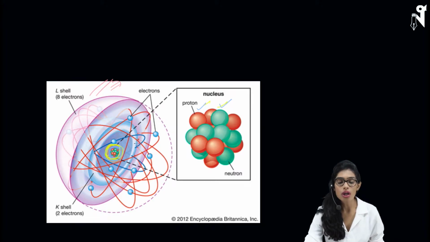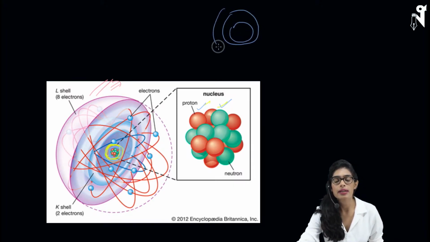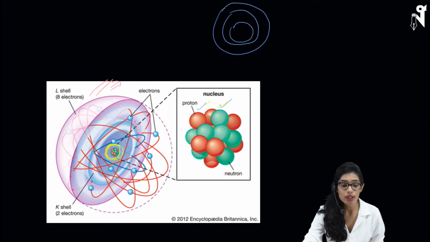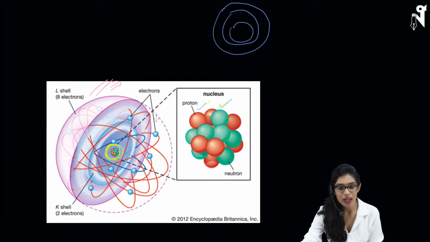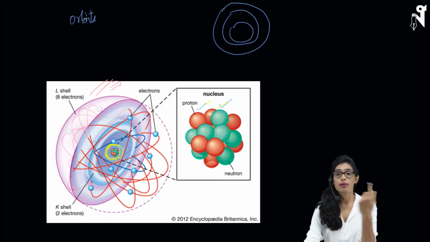Now when you talk about electrons, electrons don't have simple spherical orbits. You can see the orbits where the electrons revolve around the nucleus are quite different, and they have been arranged in a specific manner. These are called orbits, where the electrons revolve around.